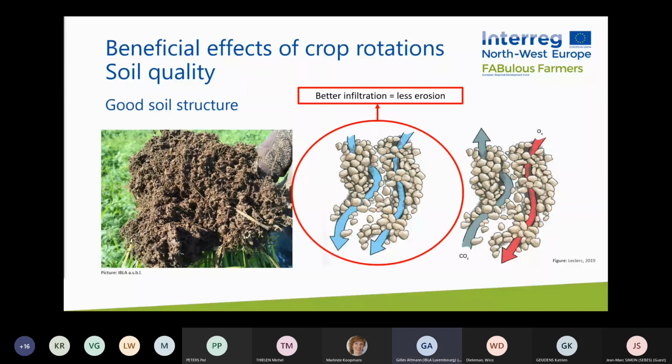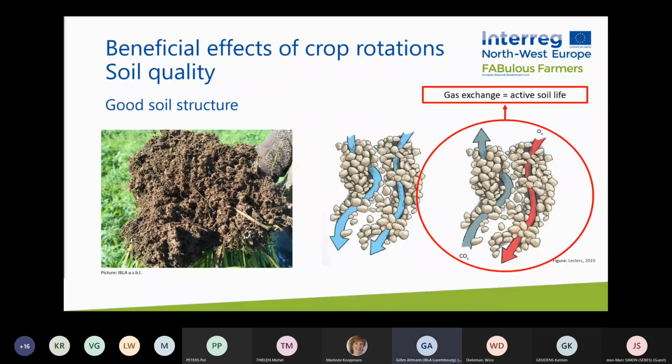So if we have these good and optimal soil conditions, on one hand, we can ensure a good water infiltration, and this of course reduces erosion and enables a long-lasting water storage in the soil. So we do something good for water quality and drinking water quality.